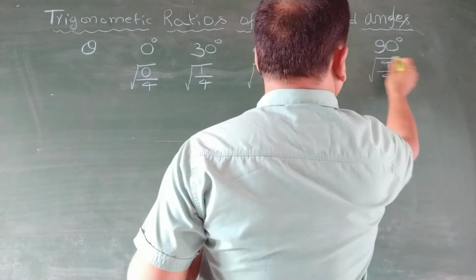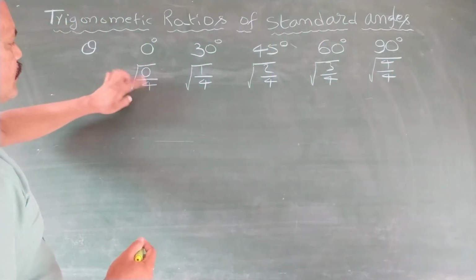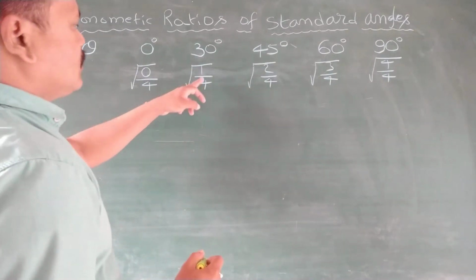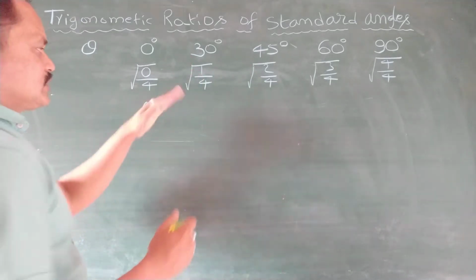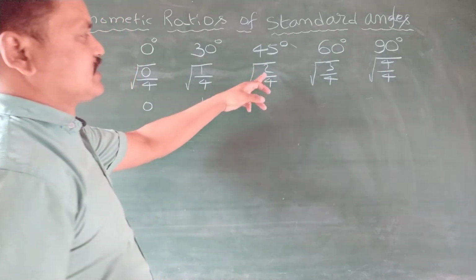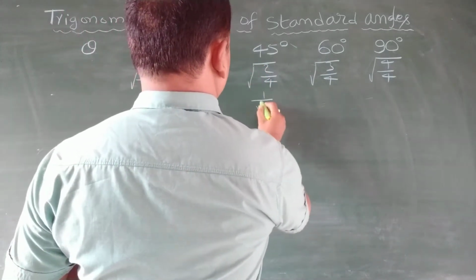Now from this, 0 by 4 is 0, root 0 is 0. Root 4 is 2, that's why 1 by 2 here. The 2 times gets cancelled, that's why 1 by 2, root of 1 by 2 is nothing but 1 by root 2.